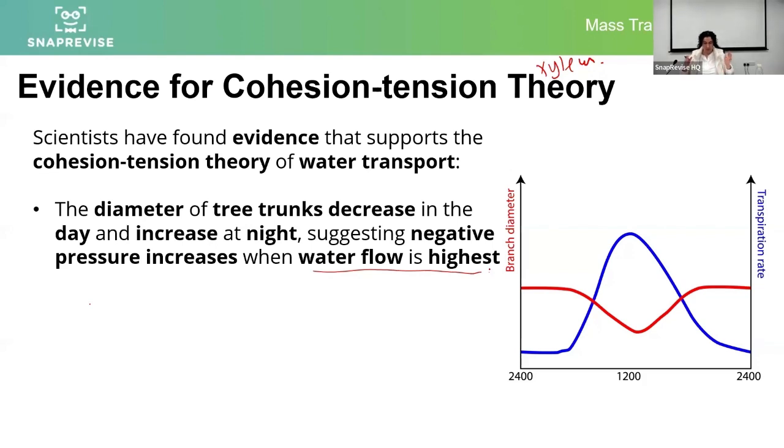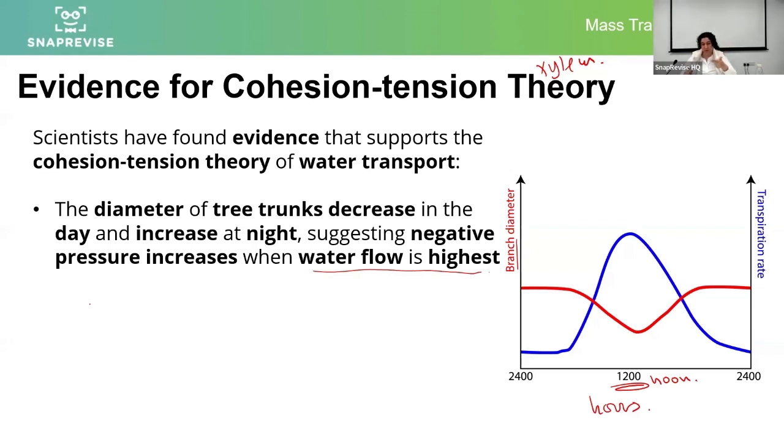So this here is my branch diameter in red, and on the x-axis I've got hours in the day. So 12 is 12 noon, when the sunlight is the most intense. What does that mean? Photosynthetic rate is at its highest.